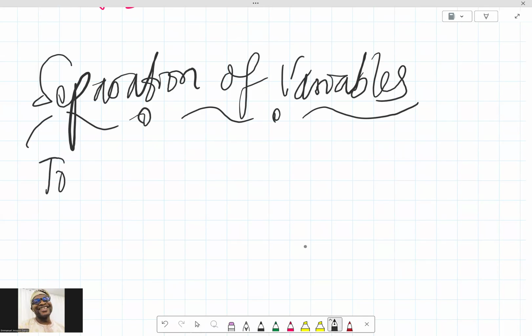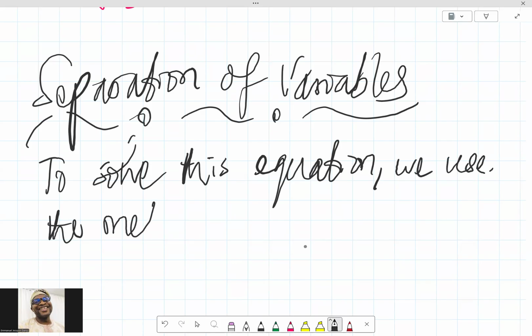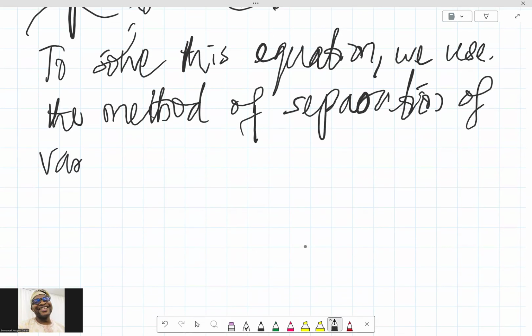To solve this equation, the wave equation, we use the method of separation of variables. So, how do we do that?